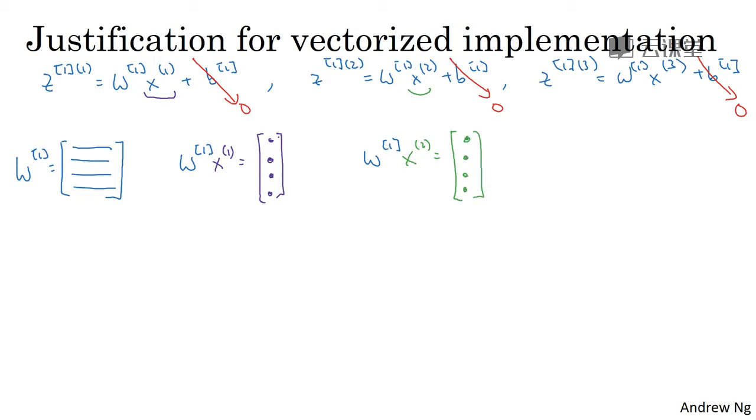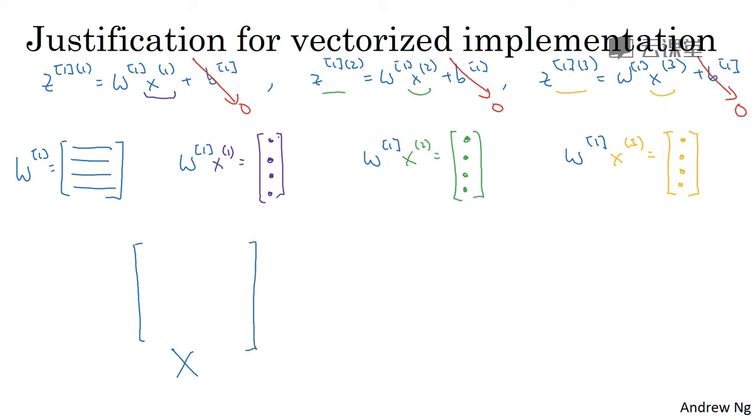And that gives you this, I guess, z12. And finally, if you look at x3, you have W1 times x3 gives you some third column vector. That's this z13.